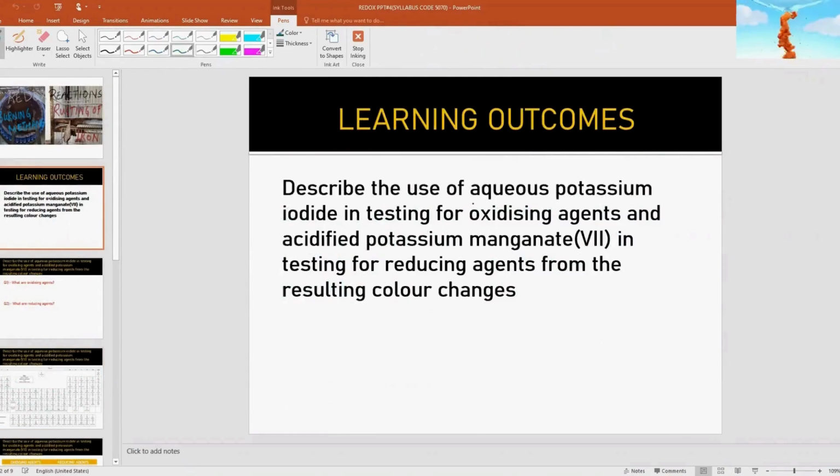Describe the use of aqueous potassium iodide in testing for oxidizing agents and acidified potassium manganate(VII) in testing for reducing agents from the resulting color changes. In this lesson, I will talk about reducing and oxidizing agents.